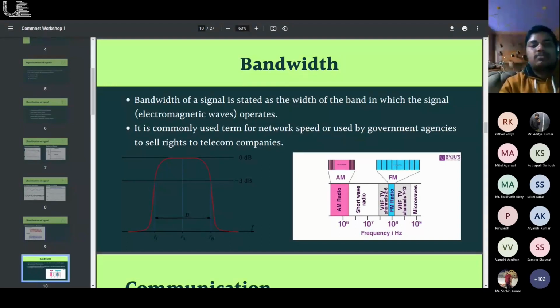So telecommunication is needed everywhere, right? While I'm taking this workshop, the signal from my computer is being transferred to your computers. Right now, so many airplanes are flying in the sky, and telecommunication is needed between the airplane and the center from where the signal is being transmitted to the airplane, telling it continuously where it should fly, right?